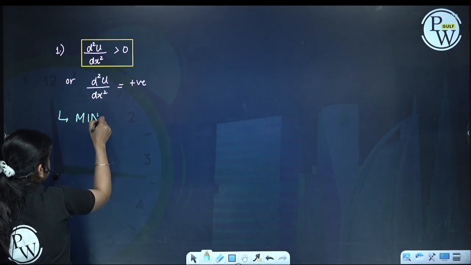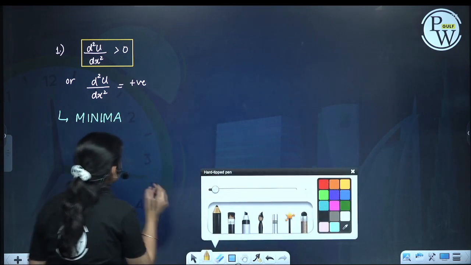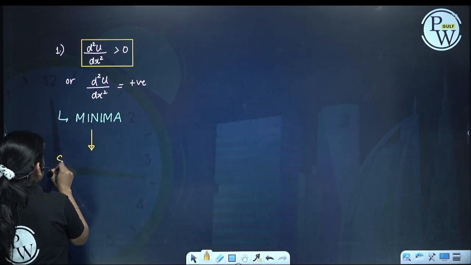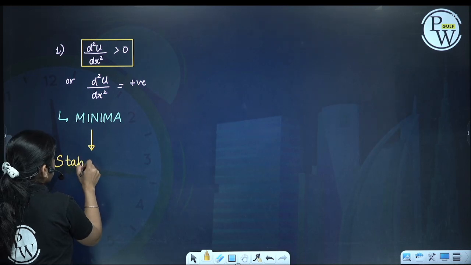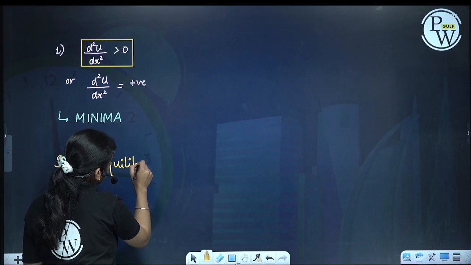Whenever we have a minima of potential energy, this will be the condition for stable equilibrium.